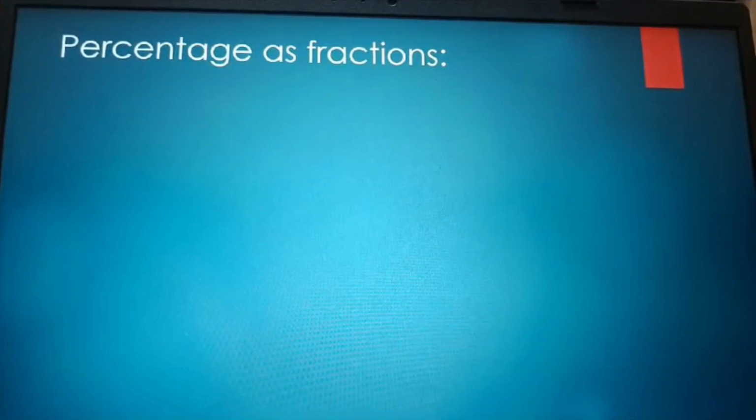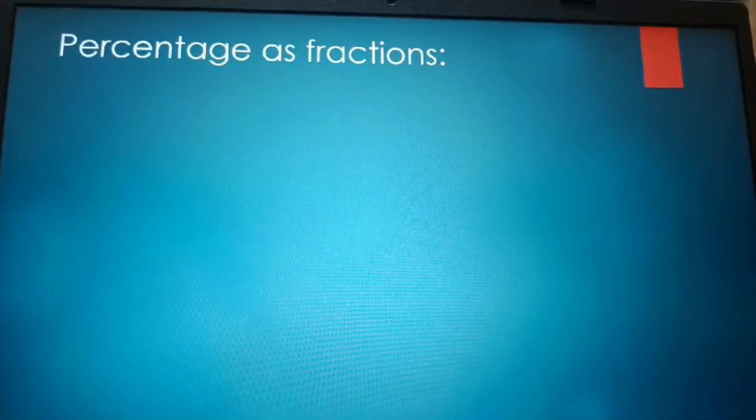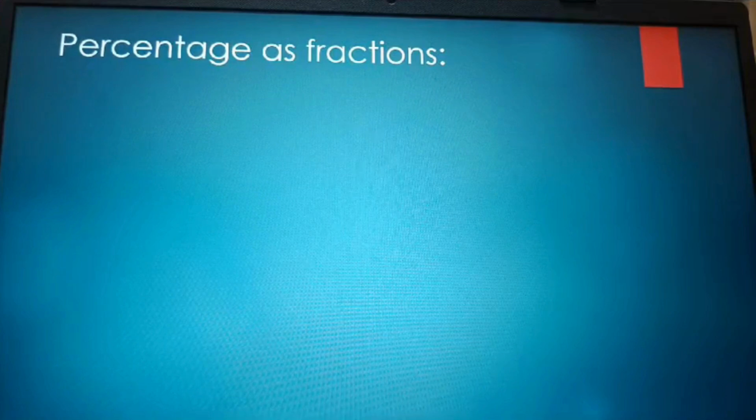Percentages can be expressed in terms of fractions, and fractions take less time to solve a problem than percentages.